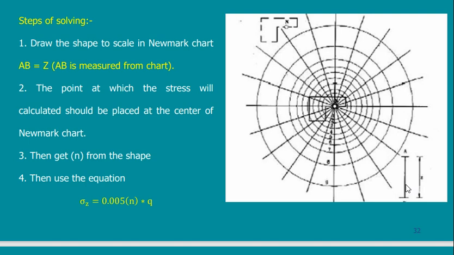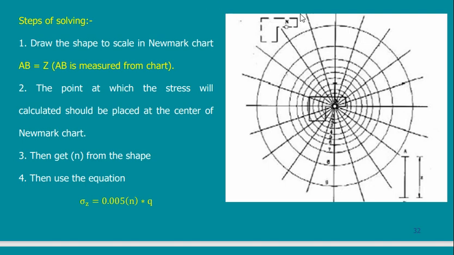So I draw my drawing on a tracing paper, and I draw my footing on top of it with a scale of 1 to 100, or each 1 centimeter represents 1 meter. Then I take the point where I want to calculate the stress.